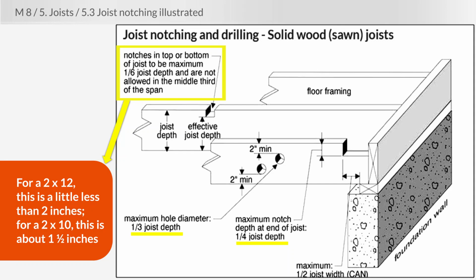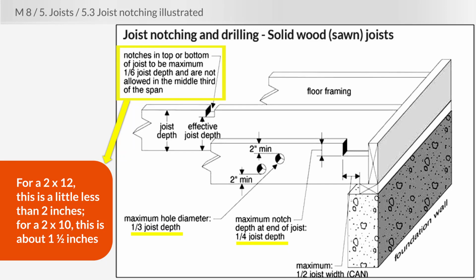Now, let's talk a little bit about the actual size of joists. When we talk about a piece of wood being a 2x12, well, it's not really 2 inches by 12 inches. Maybe you already knew this. Maybe you didn't. But a 2x12 is really, in actual inches, 1.5 inches by about 11 1/4.